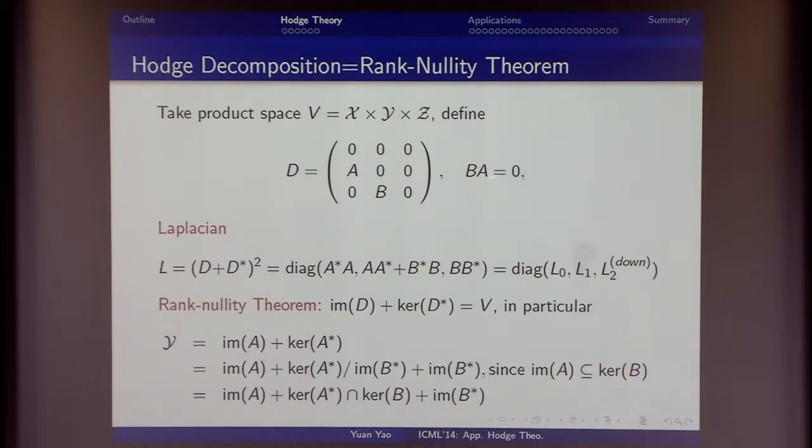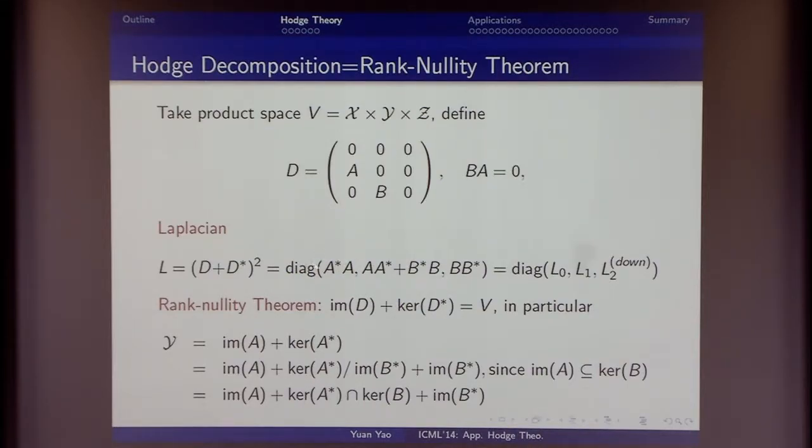Together with this important constraint, B followed by A followed by B must vanish. And we can define a high-dimensional Laplacian by stacking everything together. We take D plus D star and take the square of that. This operator, in physics, we sometimes call the Dirac operator, but this is just a very interesting matrix. If you take D plus D star squared, then you get this diagonal matrix.